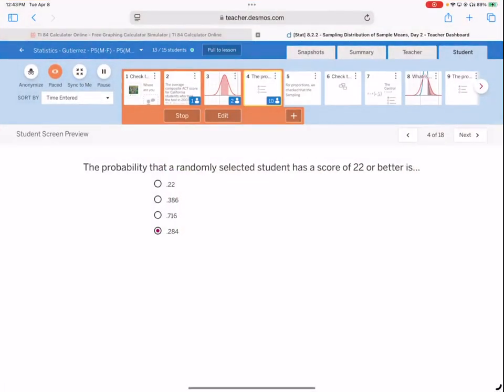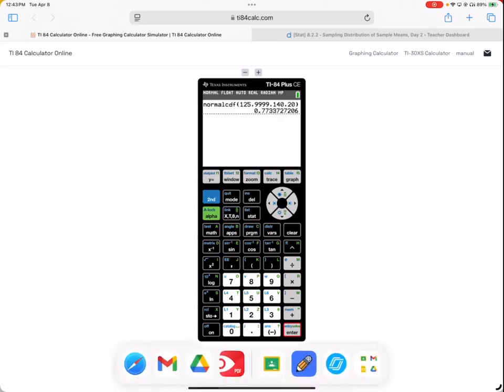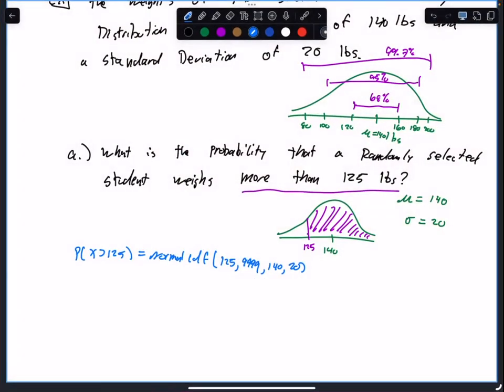So then I go to my calculator. Second vars 2, normal CDF. My lower boundary is 125, upper boundary 99. It's already in there from my previous class. Standard deviation 20. Paste, enter. And there's my answer: 0.771.